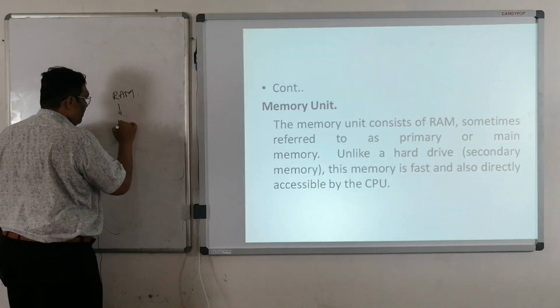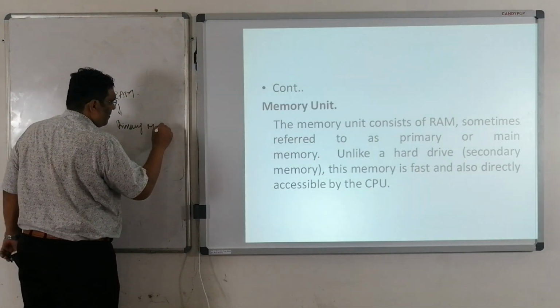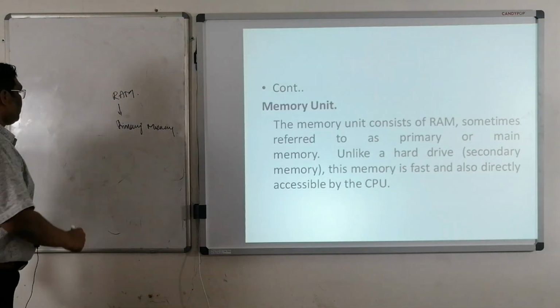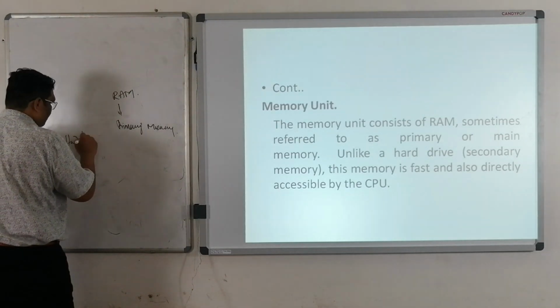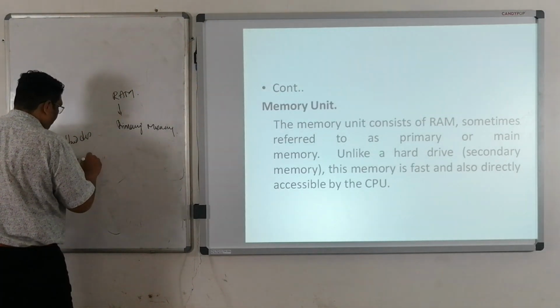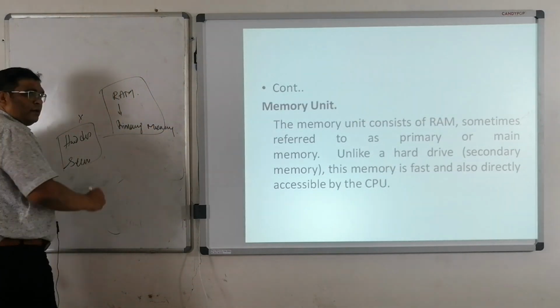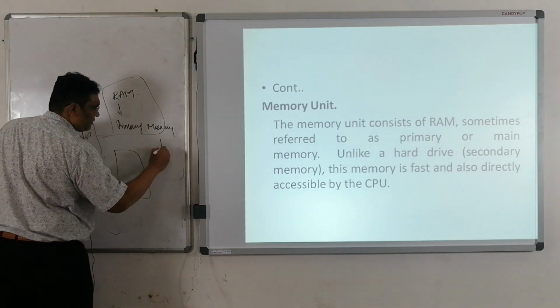We call it primary memory. And the hard disk is your secondary memory. We are not bothered about this one, we are more bothered about this one. This is RAM. This is your CPU.